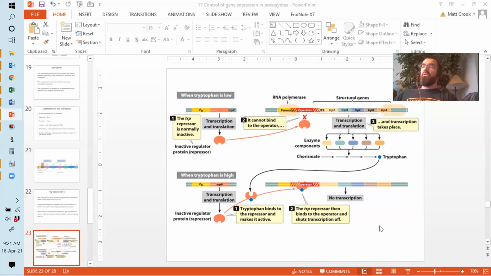So what is tryptophan? It's an amino acid. What is tryptophan added to before it can be used in translation? What molecule? Talked about this a bunch in terms of translation. What molecule in the cell will tryptophan amino acid be added to?